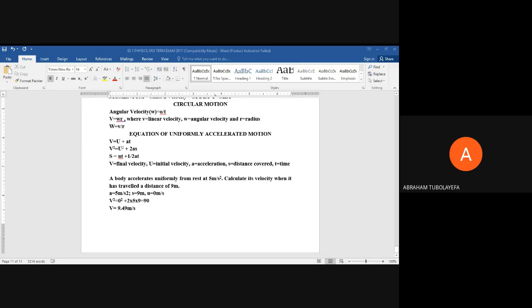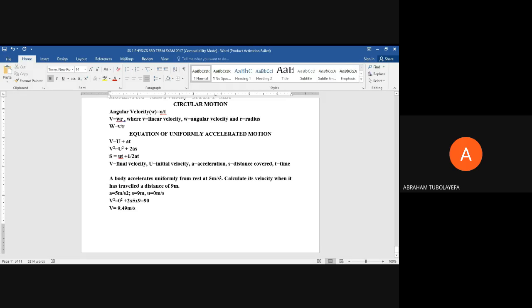In the solution, where did you get the 2 from? They told you the body was at rest in the question, that it accelerated uniformly from rest. When a body is at rest, the initial velocity is zero.